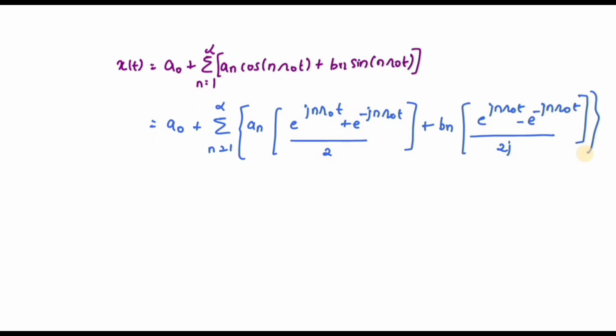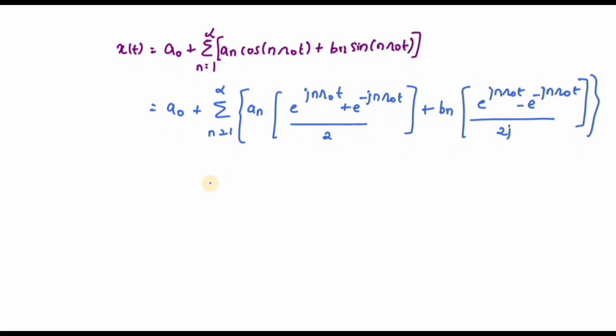So in this, if I take a naught, I can rewrite it as e power j n omega t. If I take it common, I can write it as an plus bn divided by 2, common, an plus bn divided by j.